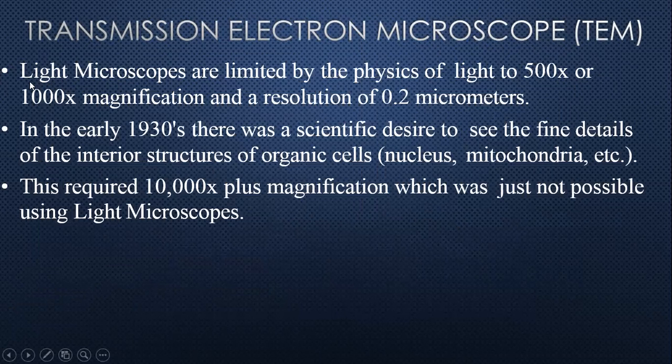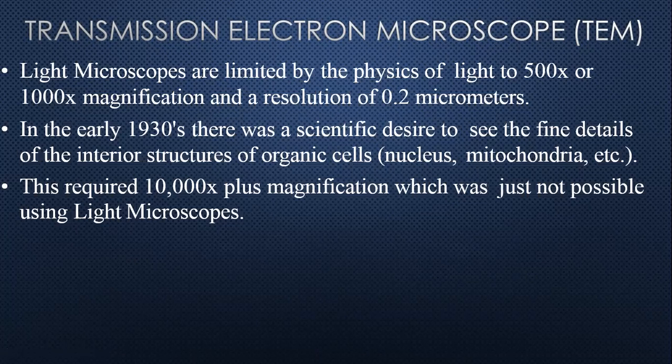We have already seen that light microscopes are limited by the physics of light to 50x, 500x or 1000x magnification and a resolution of 0.2 micrometers. In the early 1930s, there was a scientific desire to see the fine details of the interior structure of some organic cells, such as the nucleus and mitochondria, or to study some bacteria and viruses.